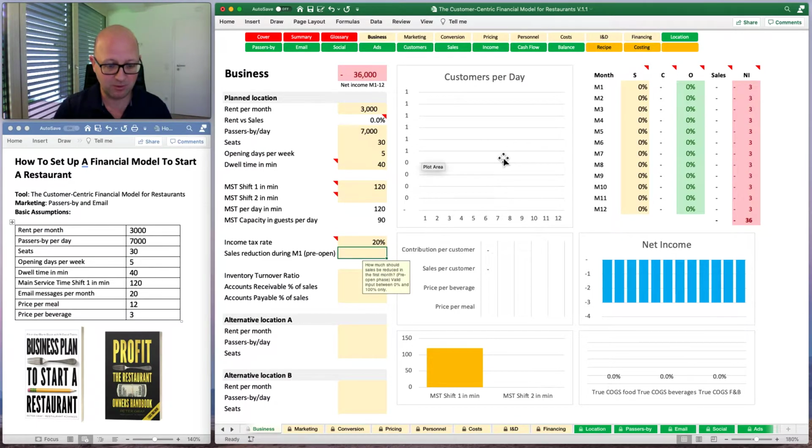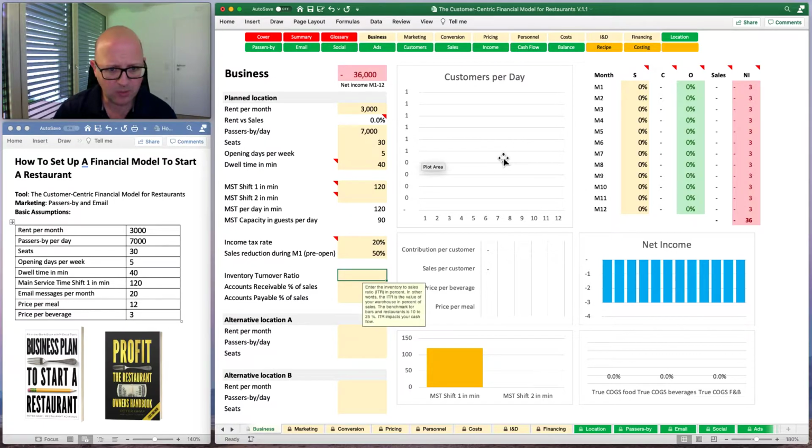And let's say you need 2 weeks from the first month for pre-opening phase. That would be about 50% of month 1. So we can calculate also this sales reduction, because within these 2 weeks you won't make any sales as soon as you're preparing. So that means the sales reduction.